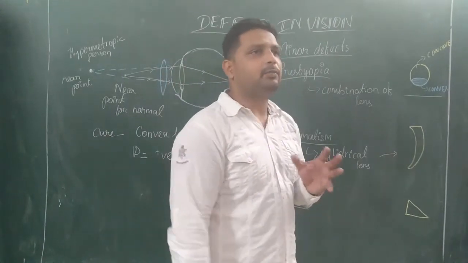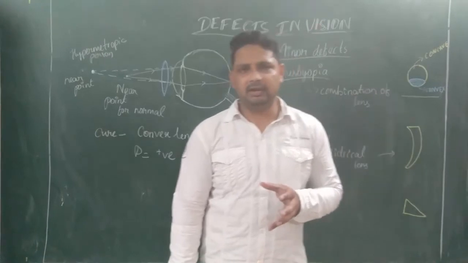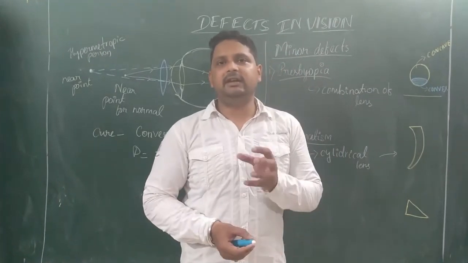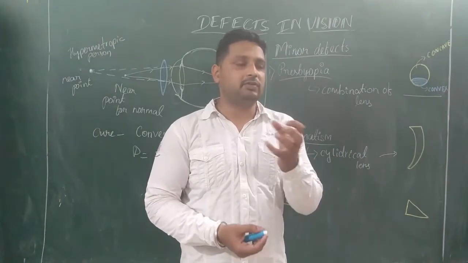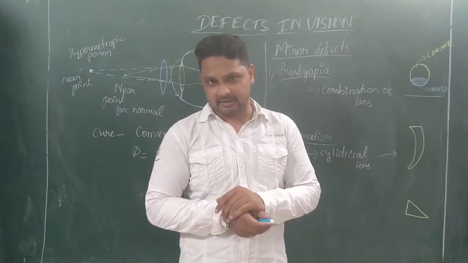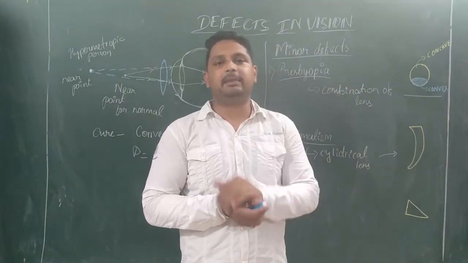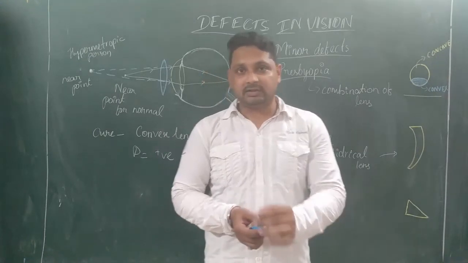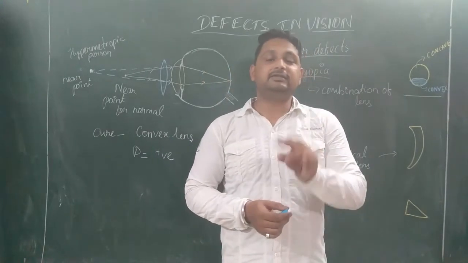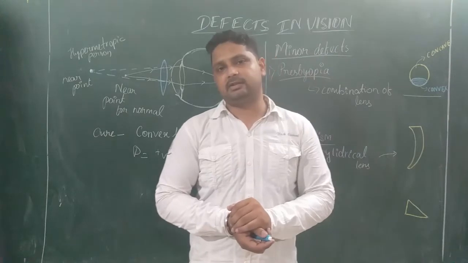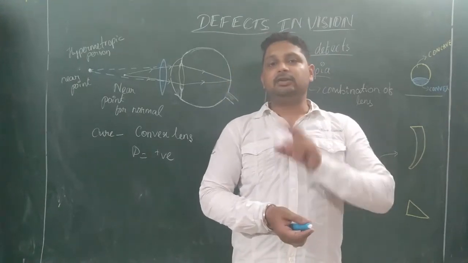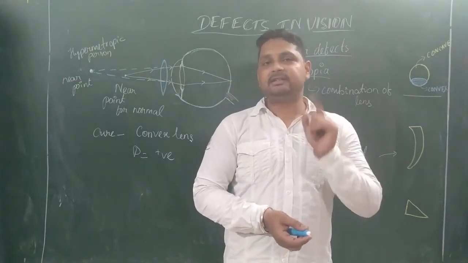And the third one, phoria. Phoria is a kind of problem present from birth. It generally occurs if the muscles holding the lens, like the ciliary muscles, become weak and can't hold the lens in place properly. Due to this, the person generally sees two images of a single object.